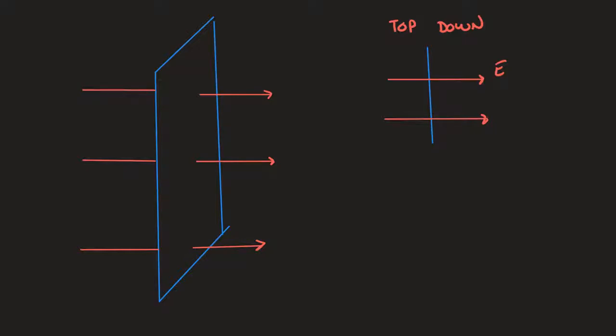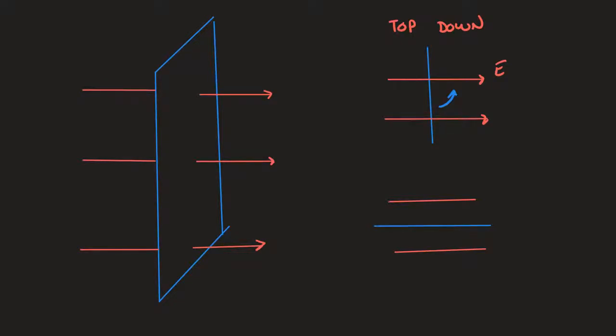If my surface was turned so that instead of it being perpendicular to those field lines, my surface was turned in such a way that it was aligned with the field lines. So if I turned the piece of paper like 90 degrees this way, all of a sudden, the field hasn't changed.